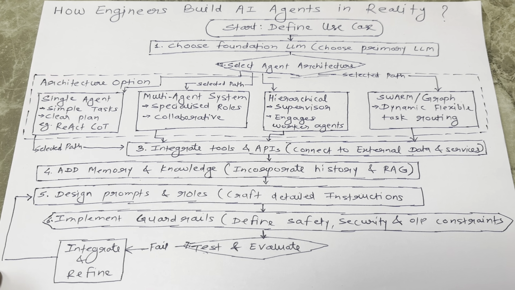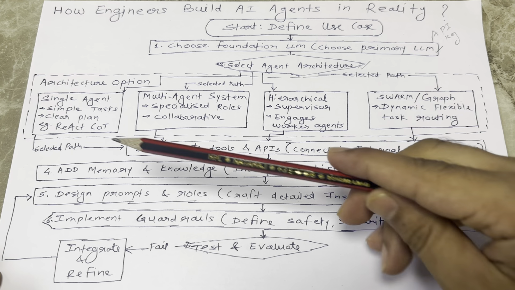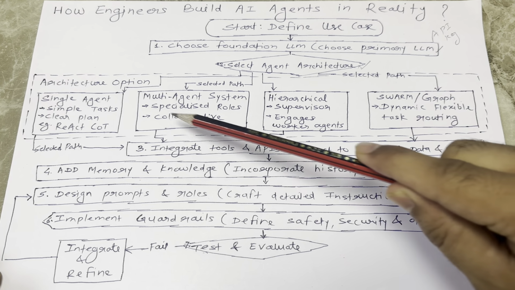So these are the areas where you can select the model, and then you need to select the right architecture. It can be single agent, it can be multi-agent architecture, it can be hierarchical architecture, or it can be swarm agent.